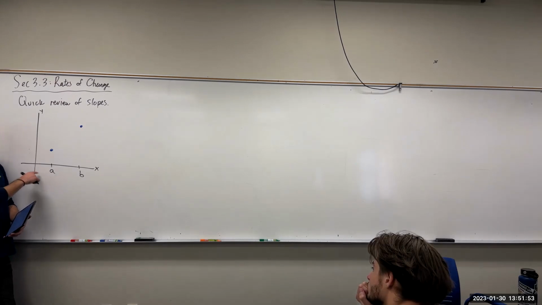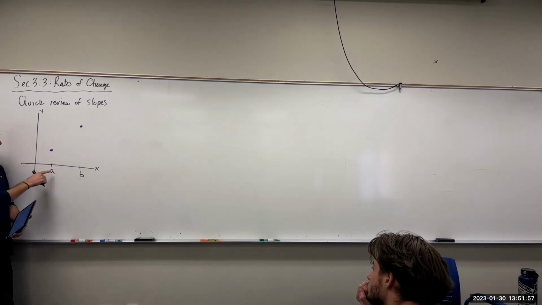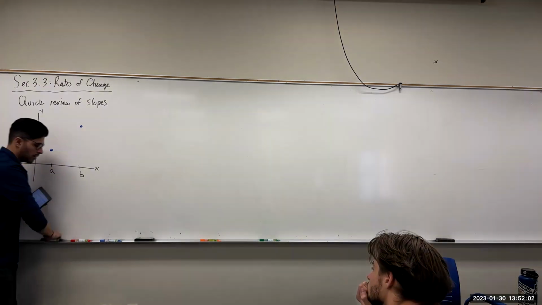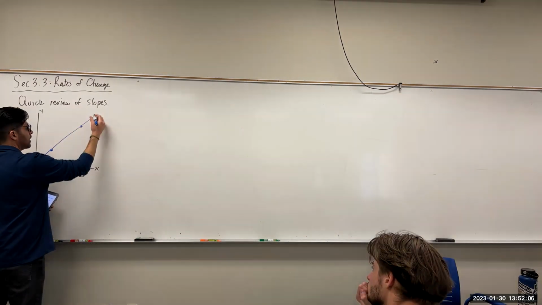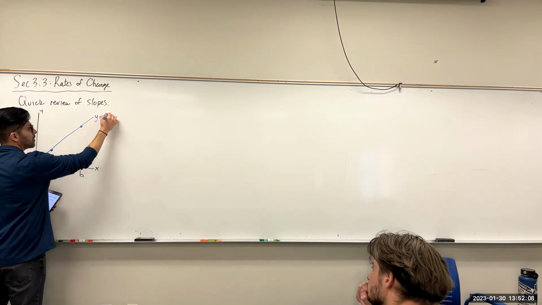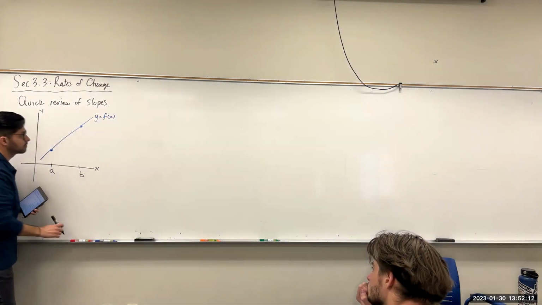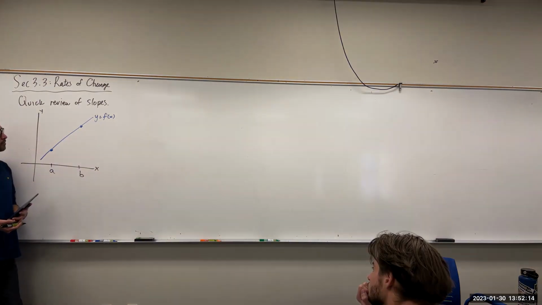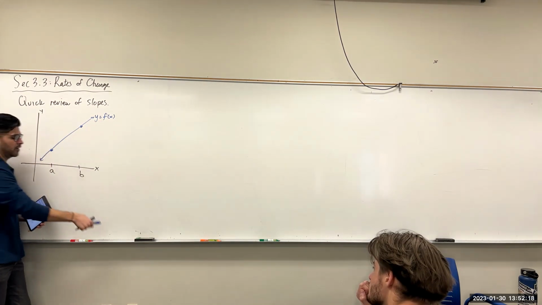And so there's a line that's going to go through those 2 points. And that line is given by some linear equation. Let's call it f of x.